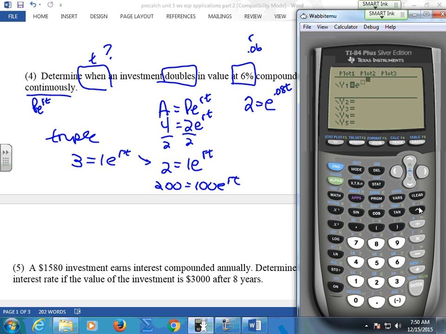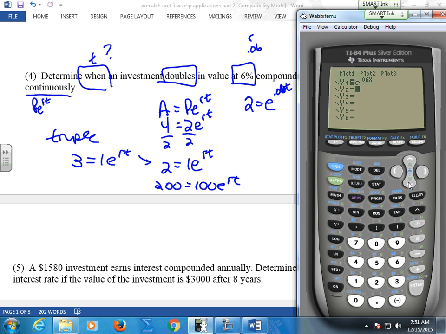Wait, it's all in years, right? In years. Mm-hmm. It should say determine when in years, but it doesn't. What's your interest rate? 0.06. Oops, I wrote 0.08. And what are we going to put on Y2?